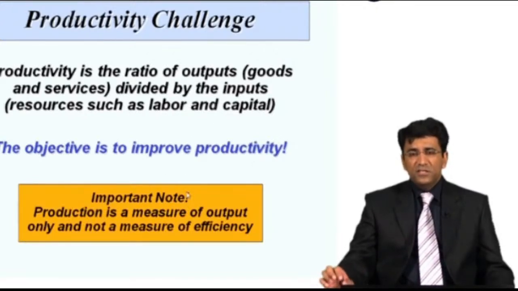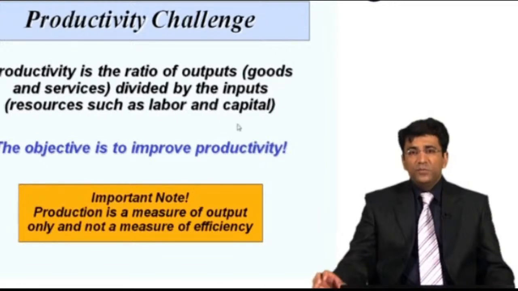Now if we compare this definition of productivity with respect to efficiency and effectiveness with the ratio of output to input, efficiency actually relates to the input and effectiveness actually relates to the output. So this is the way we can relate the combination of efficiency and effectiveness with this ratio of output to input.